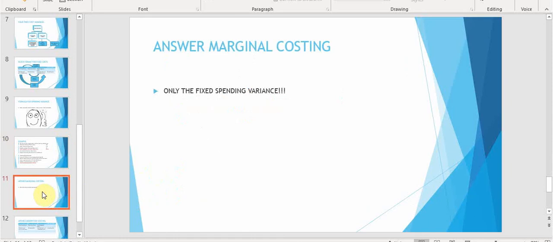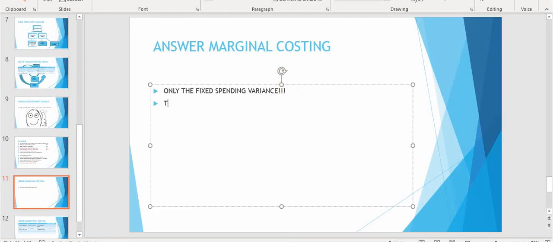Right, so let's see. If we told you in the question that marginal costing is applied, you would only calculate one variance, fixed cost variance, and that is your fixed spending variance. What is the formula there?